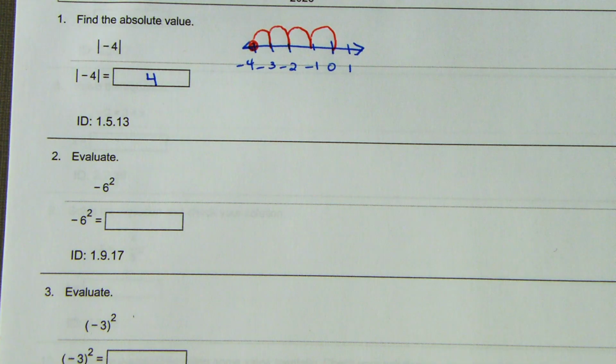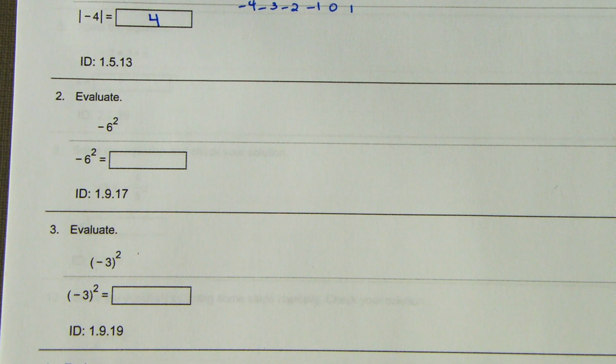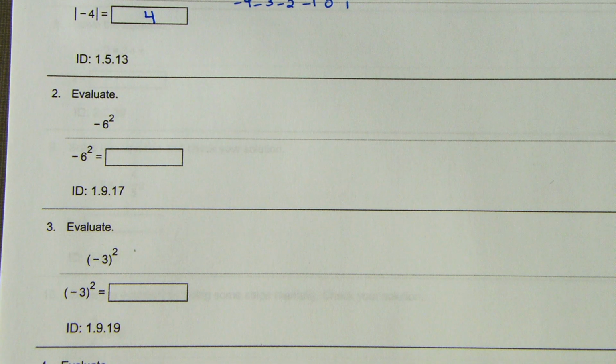Now, number 2 and number 3 I'm going to kind of address together because they're very similar. And it's very often that we get these two confused, and as I've warned before, some calculators actually do both of these problems exactly the same, and that is incorrect. And so remember that the parentheses are super important. Like on number 3, there's parentheses around the -3, which means everything in that parenthesis will get raised to the second power.